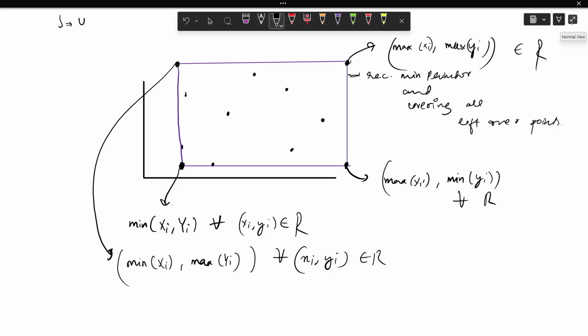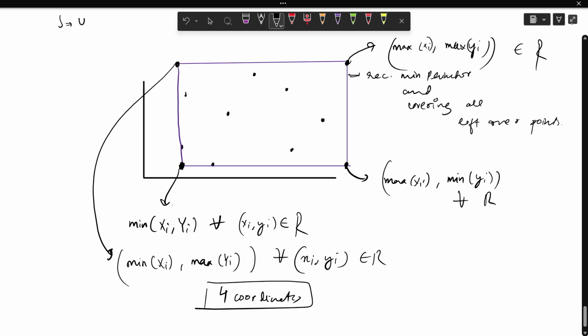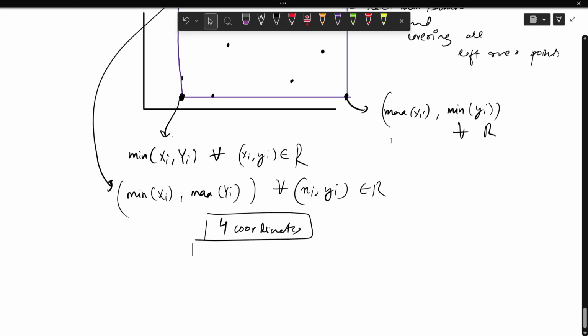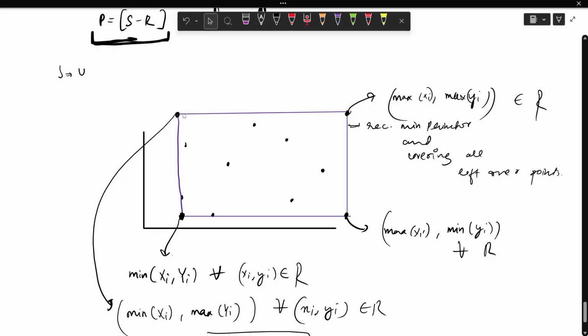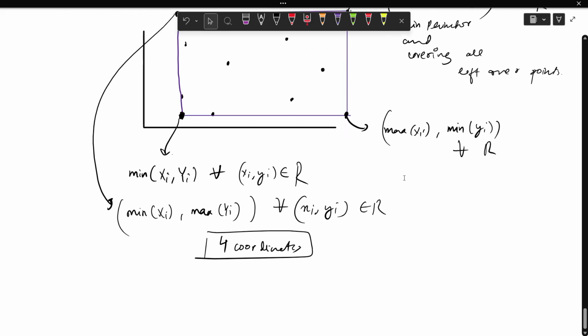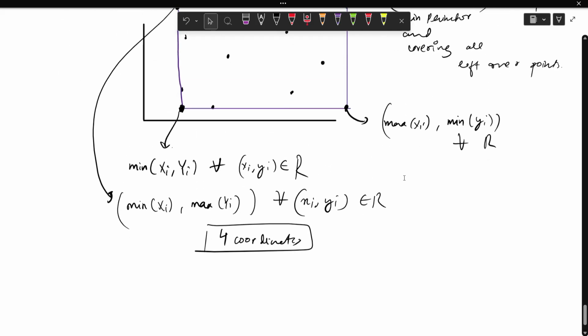So we can see that while forming the perimeter from the removed set of points, we only care about 4 coordinates amongst those set. So that would give us the minimum perimeter of the rectangle that provides a coverage for the entire set of points that are left.